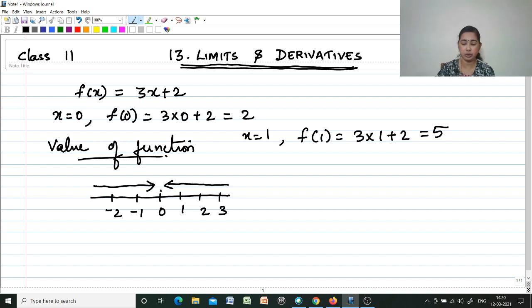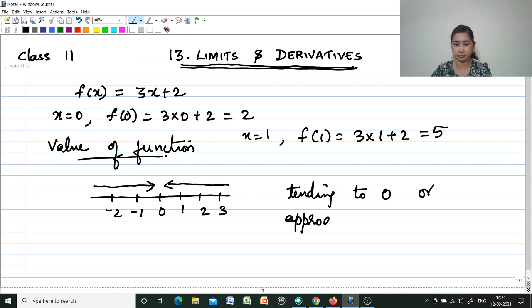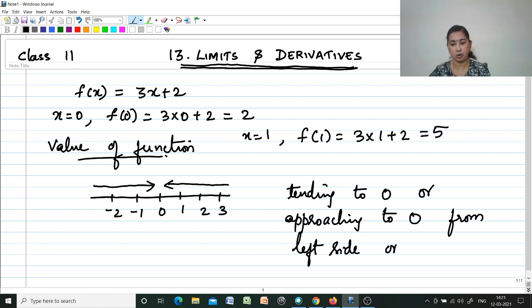It is approaching 0, from the left side or from the right side. So that's called a limit.